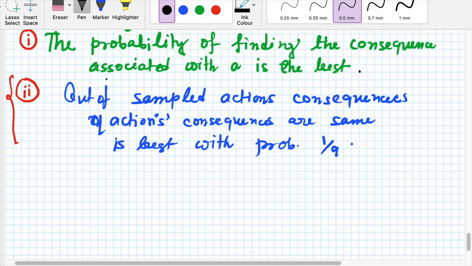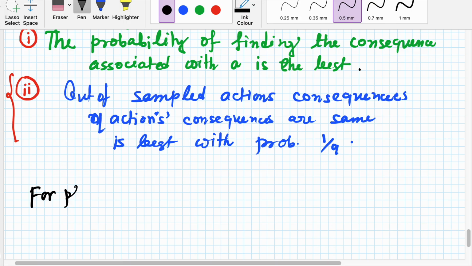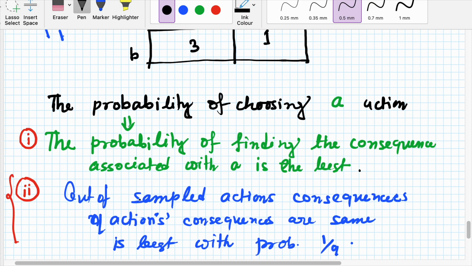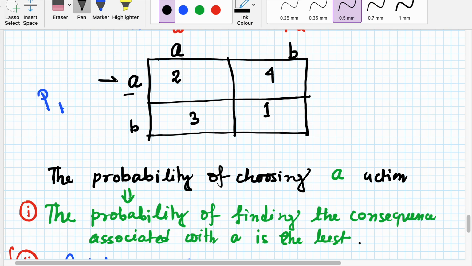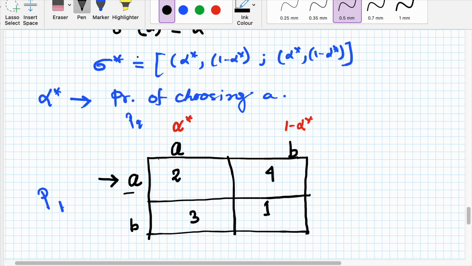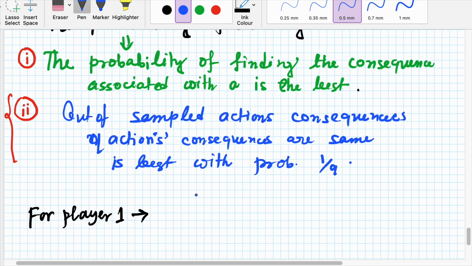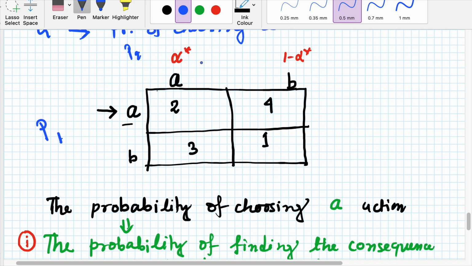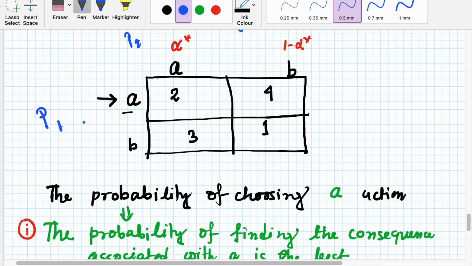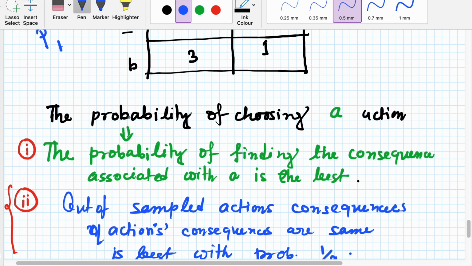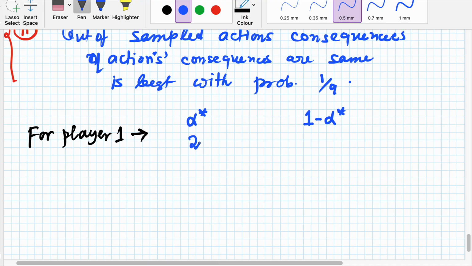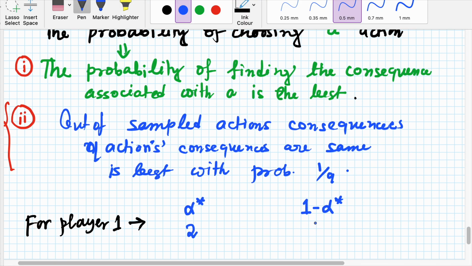For player 1, his action A is nothing but a lottery: with probability alpha star she will get one prize, and with probability 1 minus alpha star she will get another prize, because with alpha star the opponent is playing A. So if she samples A once, she can get a prize 2 with probability alpha star, or a prize 4 with probability 1 minus alpha star.